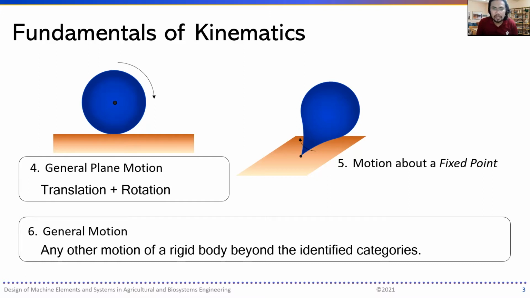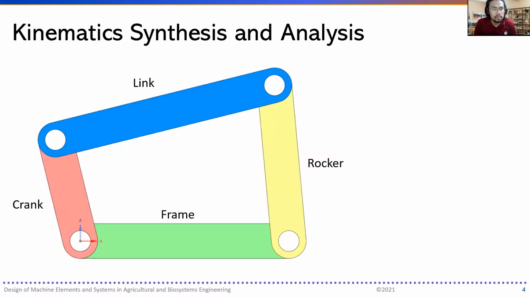A top is not a machine, but let's move forward to the kinematic synthesis and analysis, where we now talk of a 4-bar linkage, which is here identified by a frame, crank, rocker, and a link.